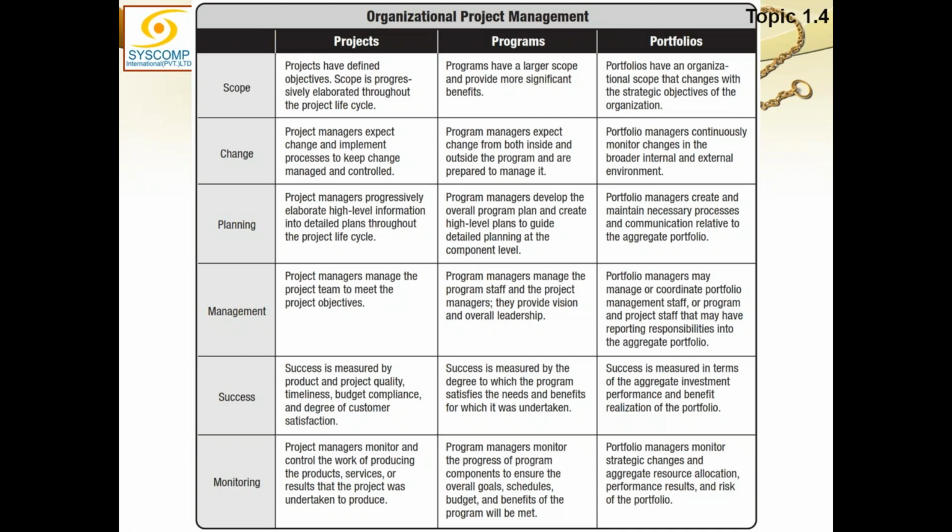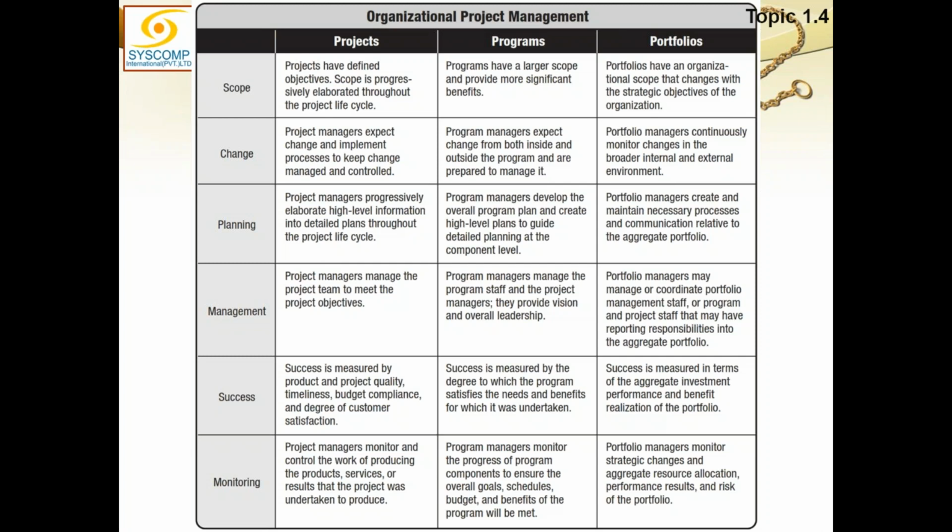For example, if you look at it from the scope point of view, projects have defined objectives. Scope is progressively elaborated throughout the project life cycle, whereas programs have a larger scope and provide more significant benefits. So you see, programs are all about benefits. And portfolios have organizational scope that changes with the strategic objectives of the organization.